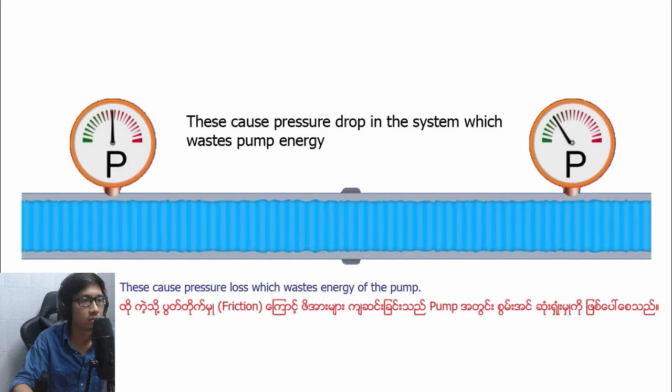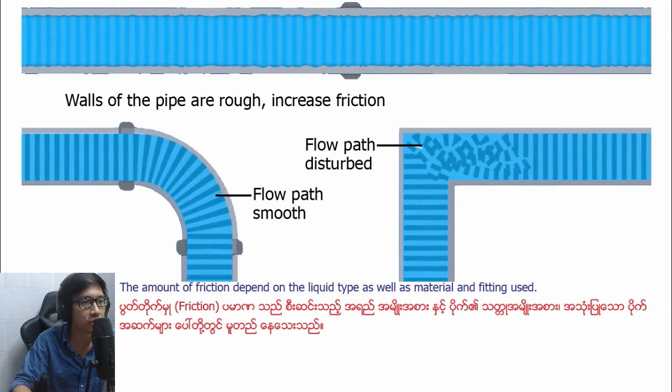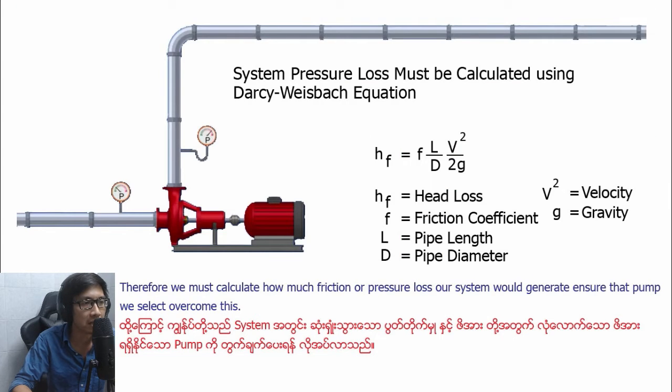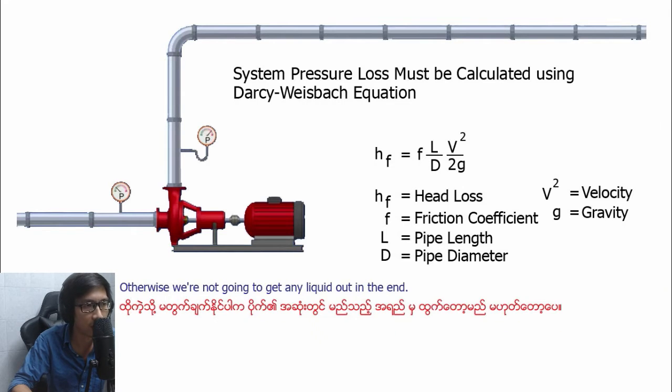These cause pressure loss, which wastes energy of the pump. The amount of friction depends on the liquid type as well as material and fittings used. Therefore, we must calculate how much friction or pressure loss our system would generate and ensure that the pump we selected can overcome this. Otherwise, we are not going to get any liquid out in the end.